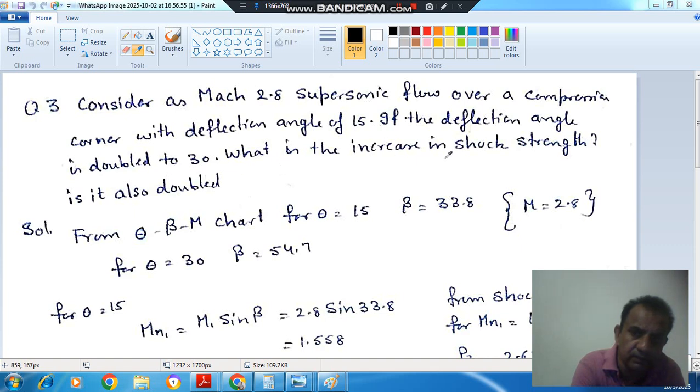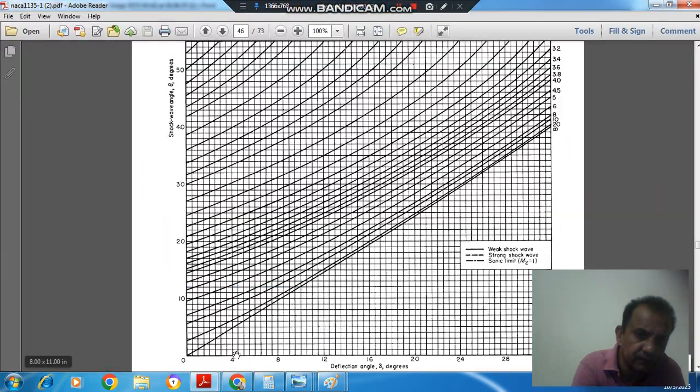Is it also doubled? So here first of all we will take M is equal to 2.8 and theta is equal to 15, and see your theta-beta-M chart. So this is your 15 degree and this line belongs to 3.2, this is 3 and this is your 2.8.